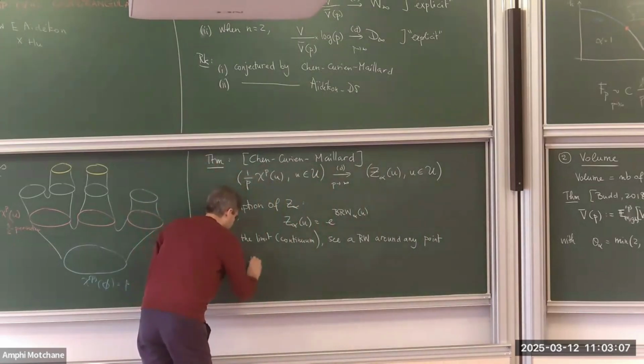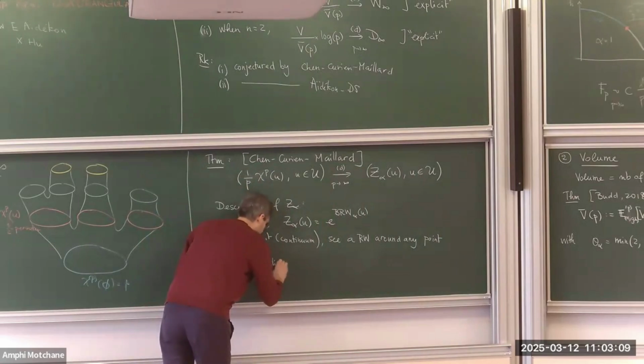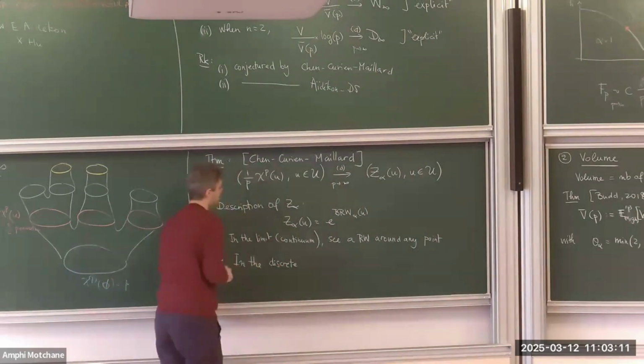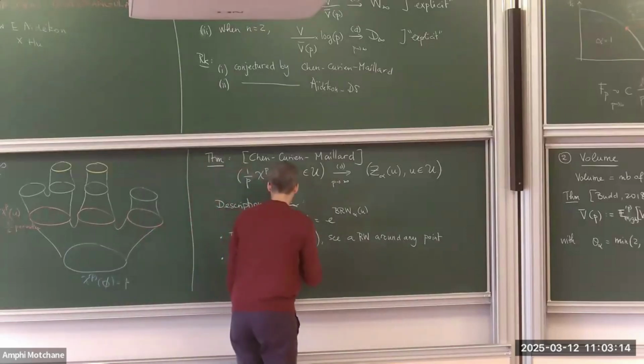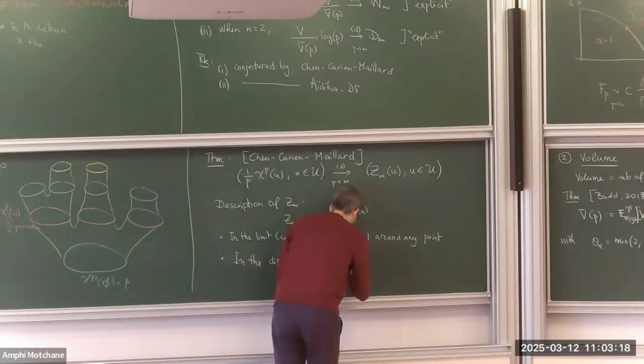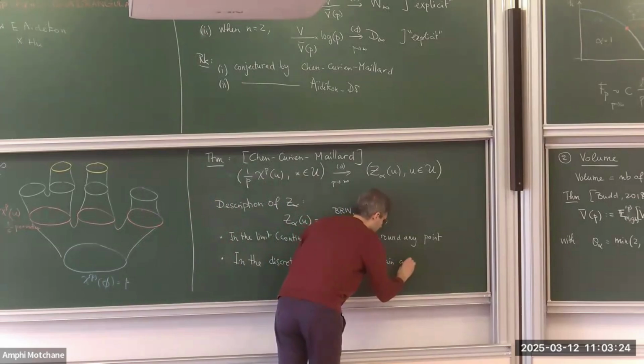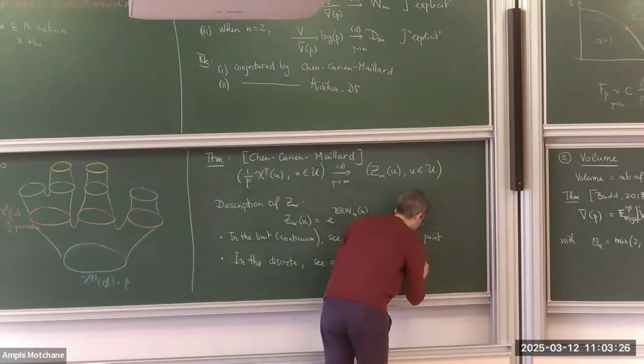Whereas in the discrete, by some spatial Markov property, what you see is a Markov chain around any vertex.